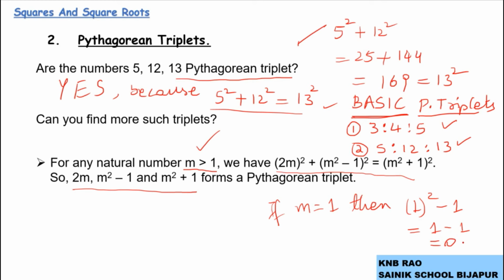Can I have 0 as the measure of any side of a right angle triangle? No. If 0 is the measure of the side of any triangle, then the triangle doesn't exist. So that's why m should always be more than 1.